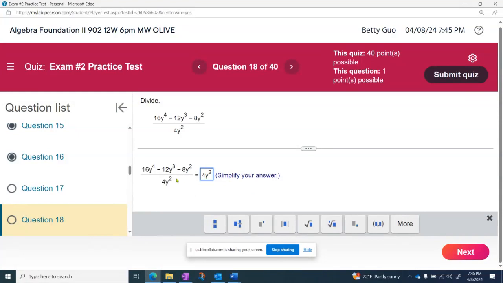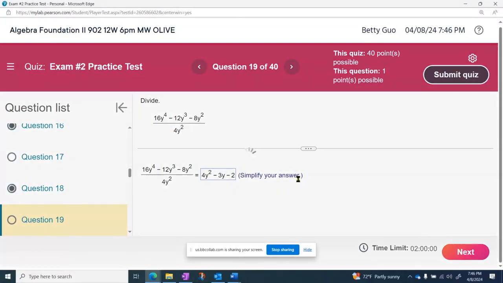And then the second term, the top over the bottom, is going to be negative 3. 12 over 4 is 3. Y cubed over y squared, we have 1 extra y on the top. And then minus 8 over 4 is 2. Y cubed, y squared cancels y squared, and that's it. And you have done this multiple times, right? I believe you understand this.